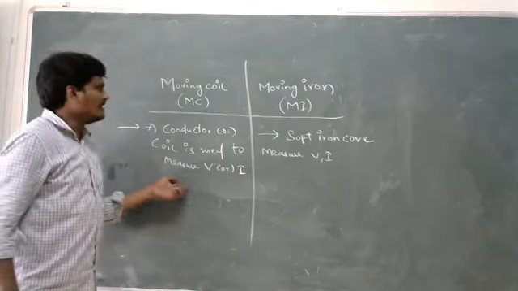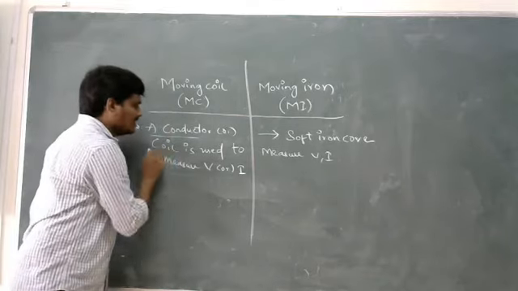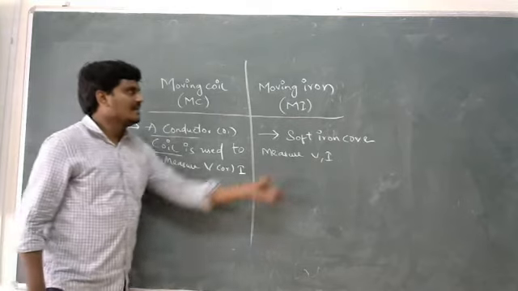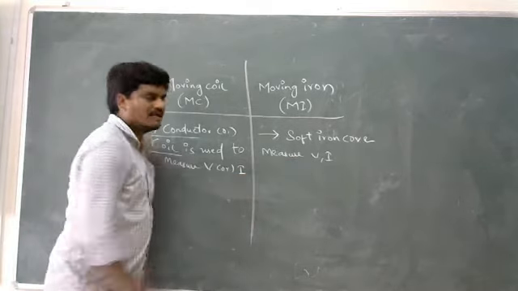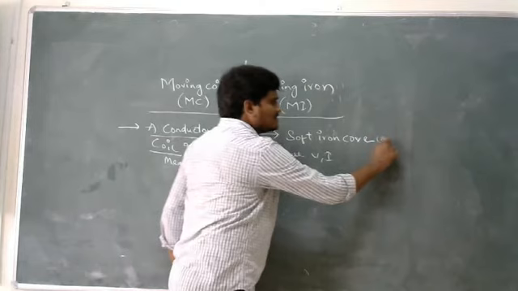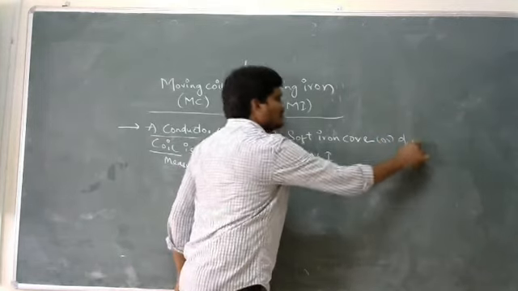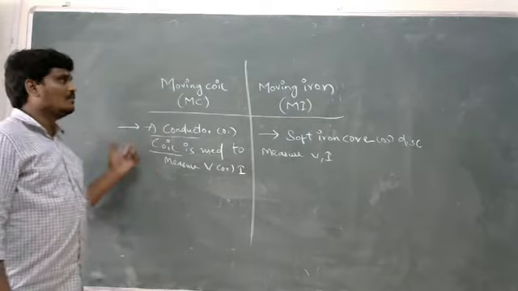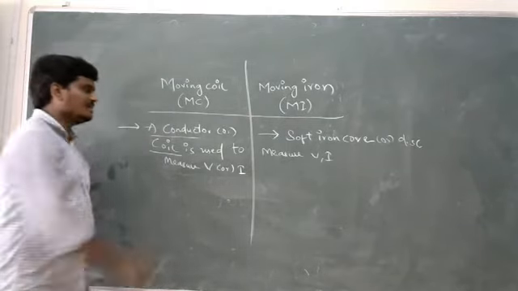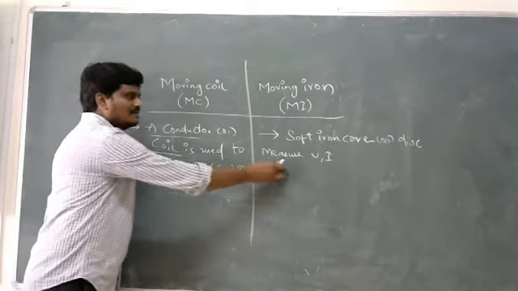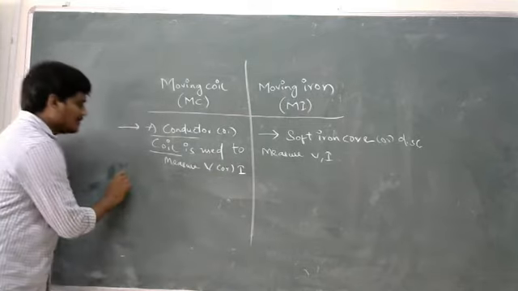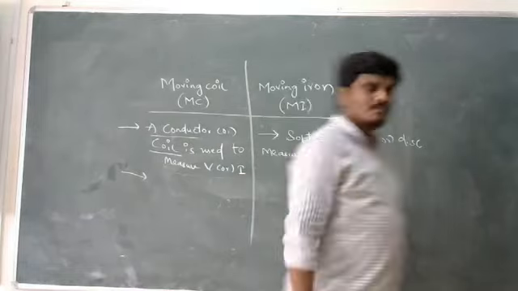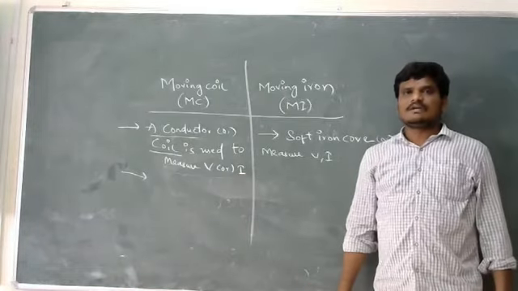In case of an MC instrument, we use a conductor or coil to measure voltage and current; in case of a moving iron instrument, we use a soft iron core or soft iron disc. So by the definitions alone I can't distinguish them, as both measure voltage and current. There are some working principles for both MC and MI instruments.